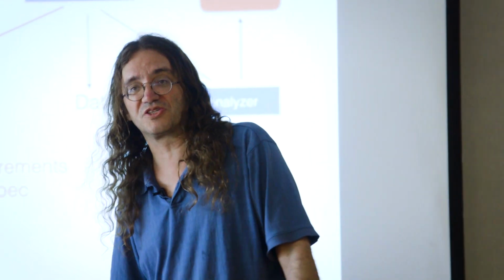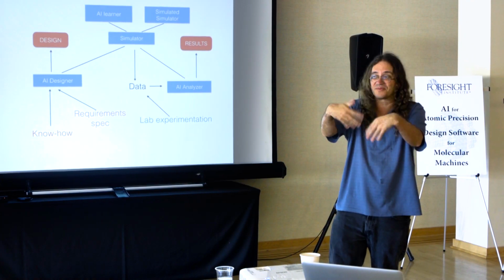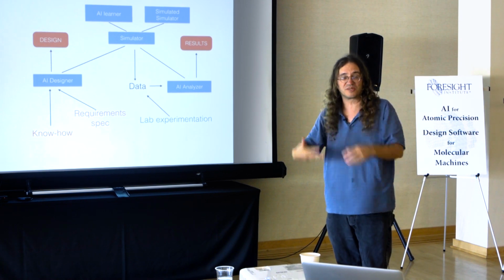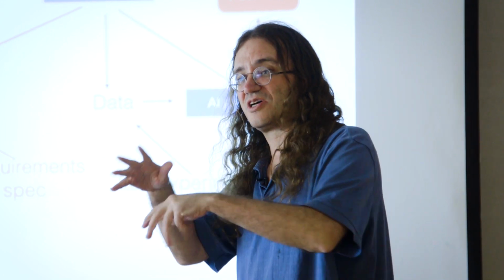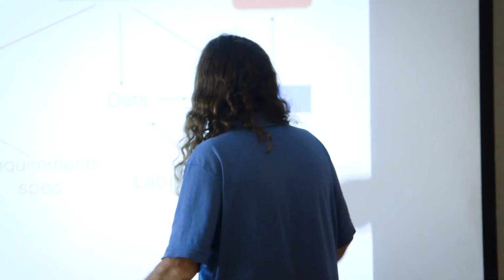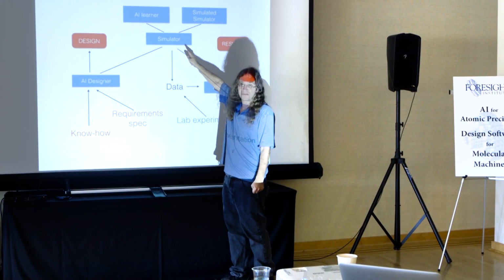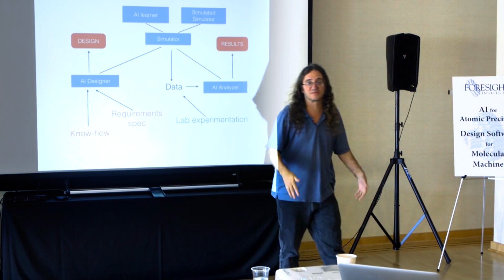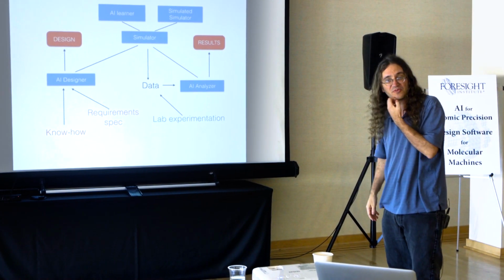Now, one thing you could do in principle is connect the AI to laboratory equipment to experiment with its designs as it manipulates them. But of course, not only is it cumbersome in practice, it's expensive to do. So what we want to do in practice is connect the AI system to simulation engines. And there are multiple simulation engines for simulating different systems at different scales and in different ways.